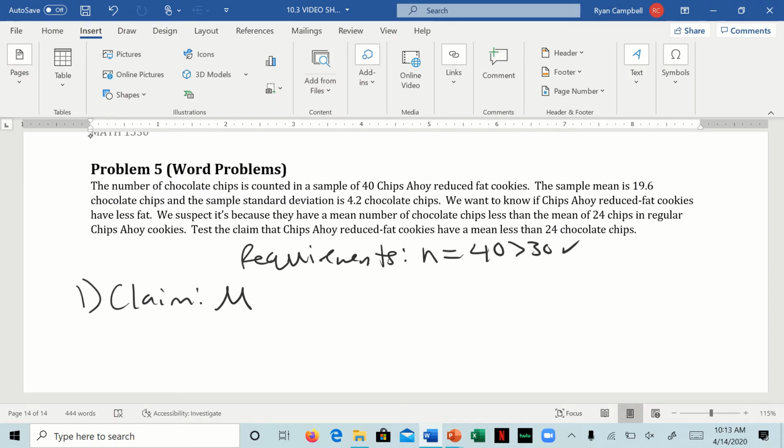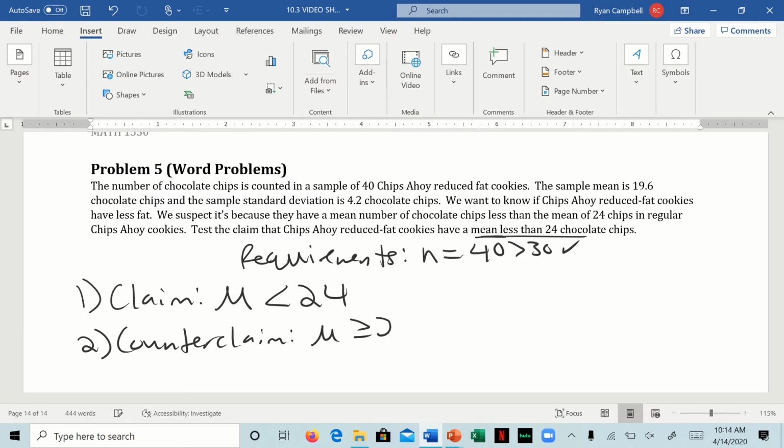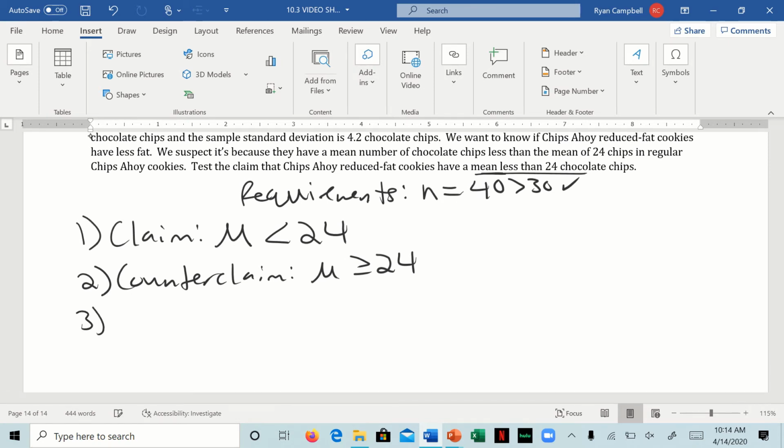So mu, because we're talking about the mean, is less than 24. Counterclaim. Mean is greater than or equal to 24. H naught is equal to 24. HA is less than 24, right? Comes from our claim in this case.